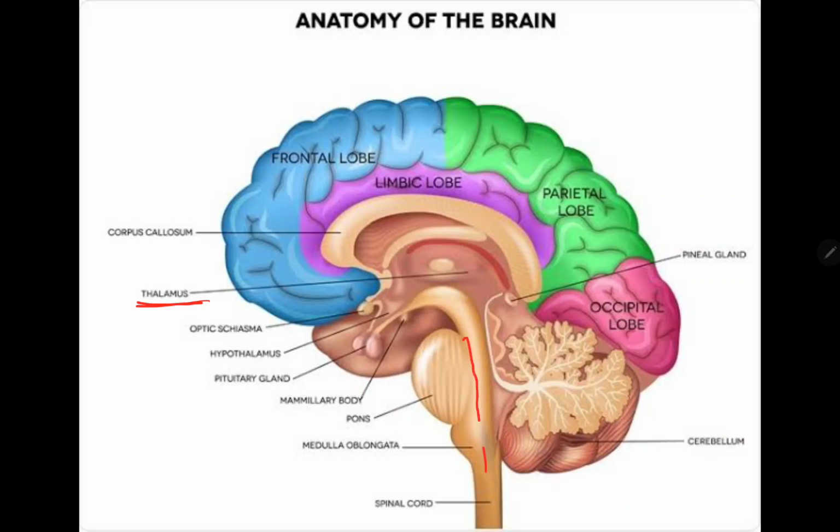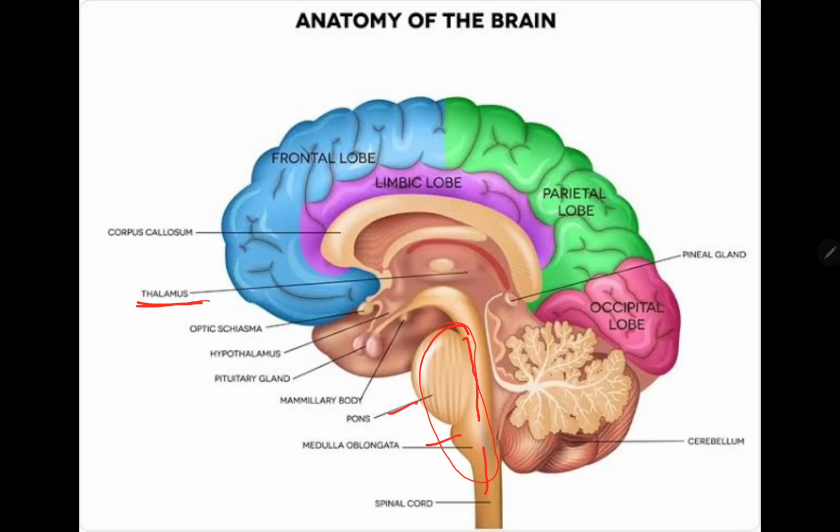This whole structure is your brain stem, and the thalamus is present just above it. It is responsible for relaying sensory information from the sense organs. It is also responsible for transmitting motor information.